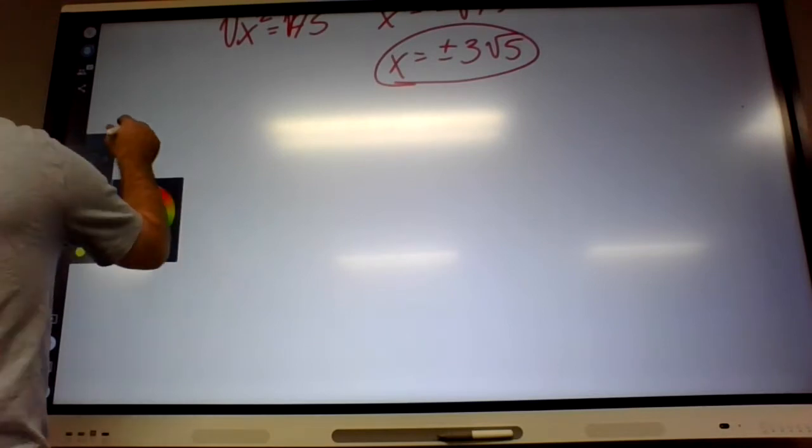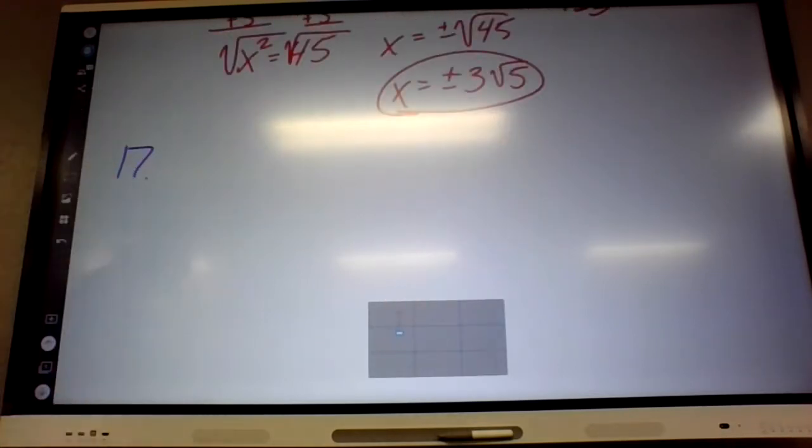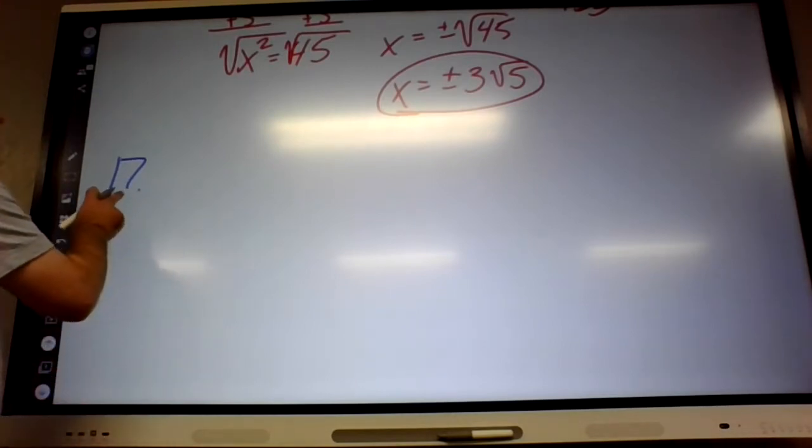Okay. What number are we on? 17? The next section is quadratic formula. I think I'll only do a couple of these. Let's do the harder ones, I guess. Hopefully one of these comes out imaginary just so we can practice it.